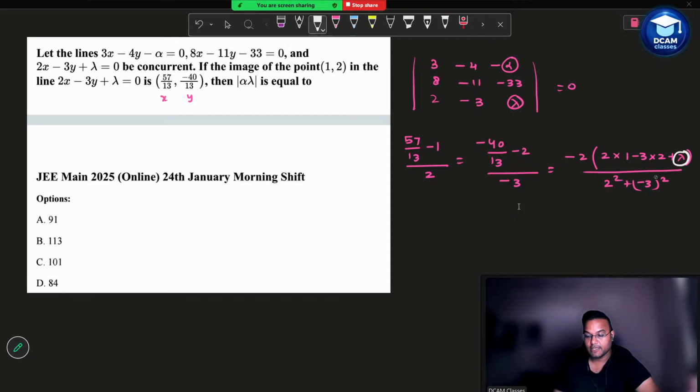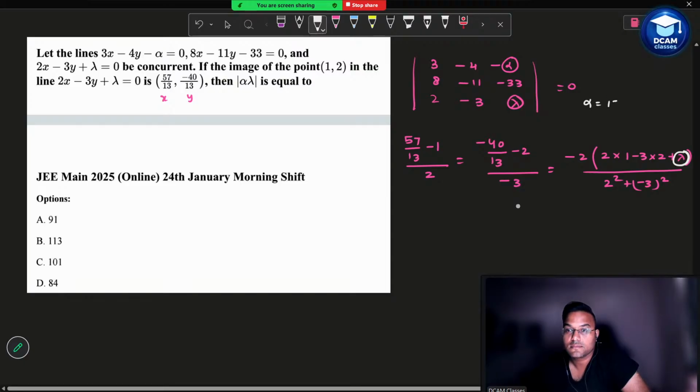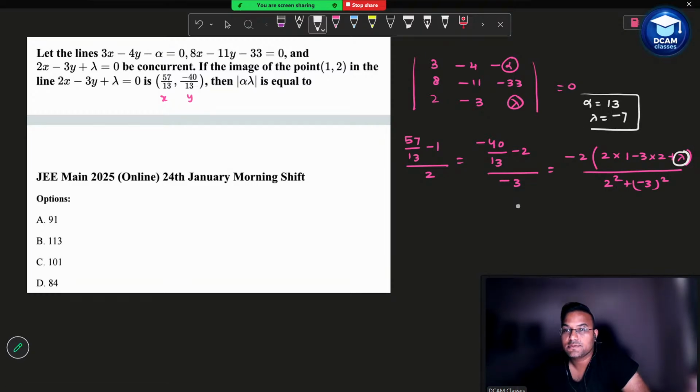What's the value of alpha you got, Lasya? Alpha is plus 13, and lambda is minus 7. Yes, correct values.